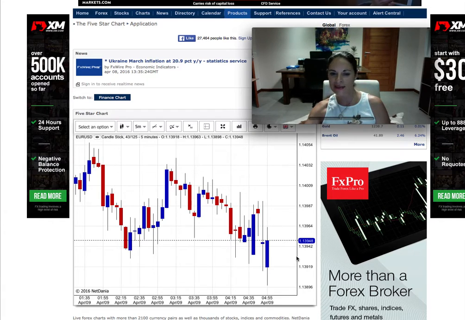I am on the NetDania station for trading, and I really like this charting station because it's quite simple to operate. And what I'm going to do is have a look at the huge list of tools that you can use, but I am only going to be selecting the Fibonacci.